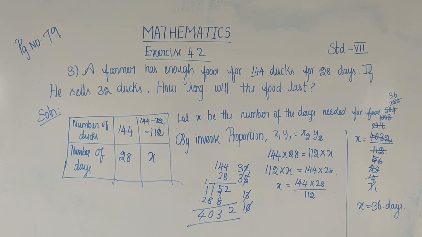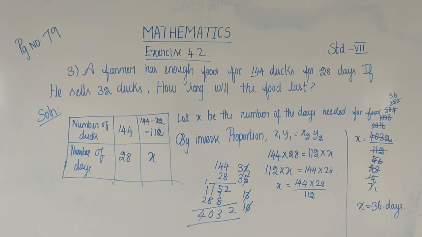First, number of ducks and number of days, and we take this problem. So the number of ducks is decreasing and the number of days is increasing. So this is an inverse proportion.